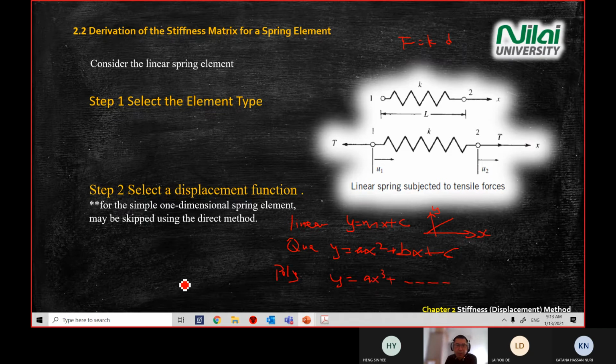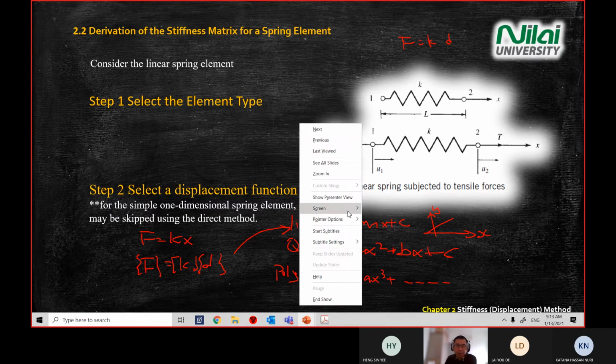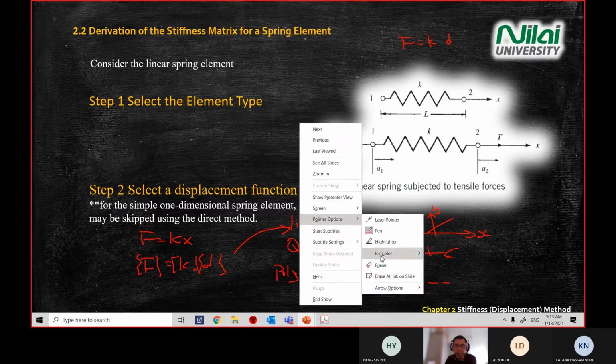So we only have F equal to KX, Hooke's law, or in matrix form F equal to KD: force equal to stiffness matrix times the displacement. This is a linear equation, y equal to mx plus c. Of course here our c value is 0, so we only have y equal to mx. You should understand what type of equation we're using.